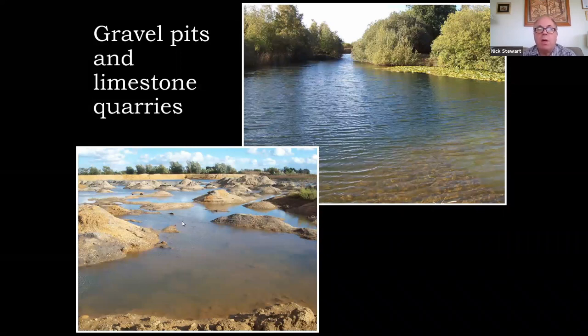And the main drainage system, sad to say, in the more populated parts of the country, tends to be enriched with nutrients, nitrates and phosphates from agricultural runoff and from sewage treatment, which doesn't always remove the nitrates and phosphates. Whereas in gravel pits and limestone quarries also, often the water is much cleaner because it's not connected to the main drainage system. And often you have a much richer aquatic flora as a result.